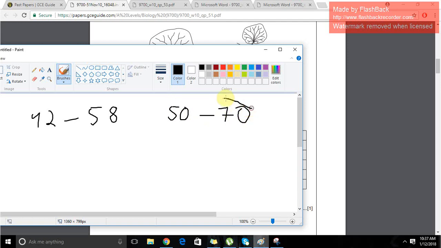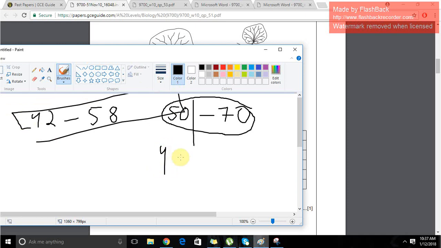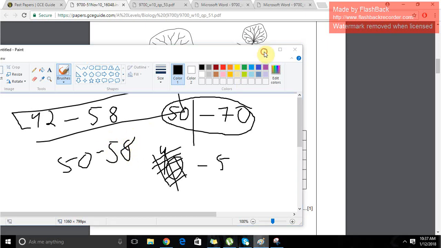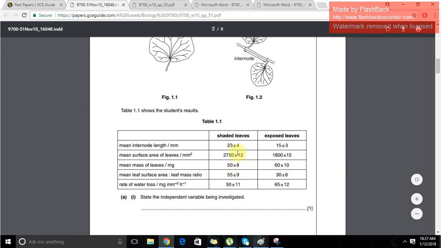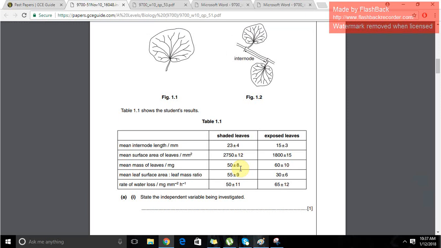So between this range, I'm sorry, 50 to 58, there is an overlap of 8 different possibilities. So the mean mass isn't all that reliable, and compared to the others, the standard deviation compared to the mean value is more significant as well.